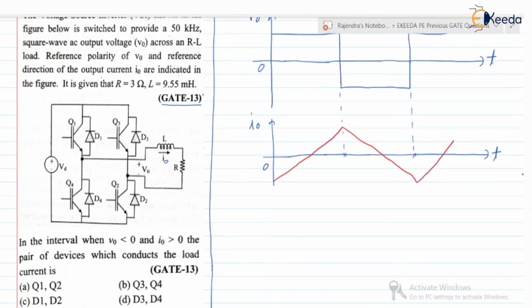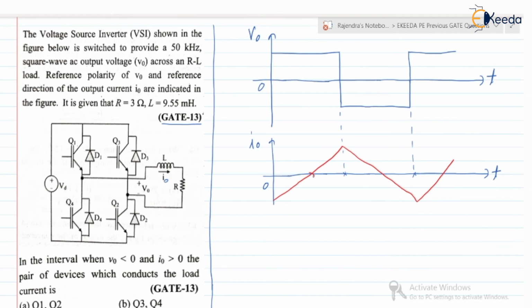If you recall the circuit operation, from here to here the inductor is storing the energy, so Q1 and Q2 will be in the on state. Q1, Q2 conduct. After this, from here to here, whatever energy was stored by the inductor will be released through diodes D3, D4.